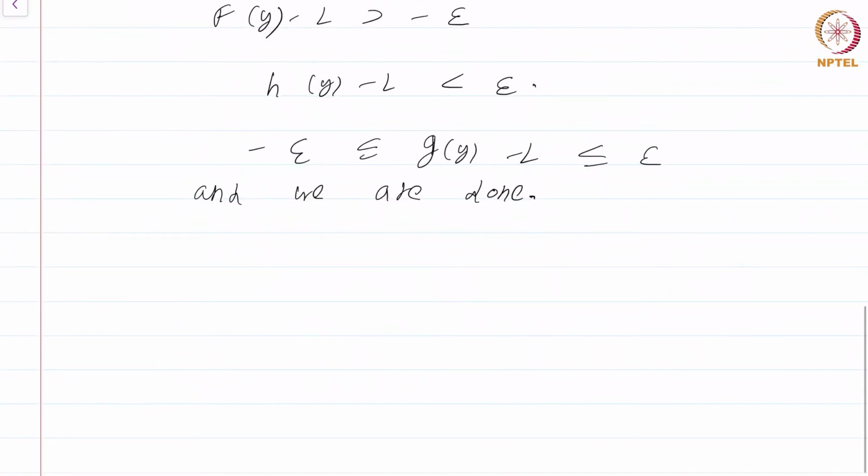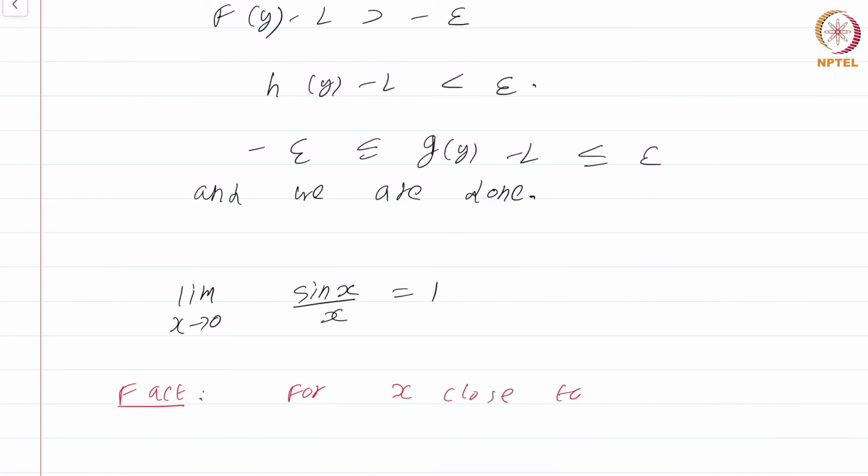How do we use this to show the limit as x goes to 0 of sine x by x is equal to 1? Well, I need to use a fact. For x close to 0, cos x is less than sine x by x is less than 1.